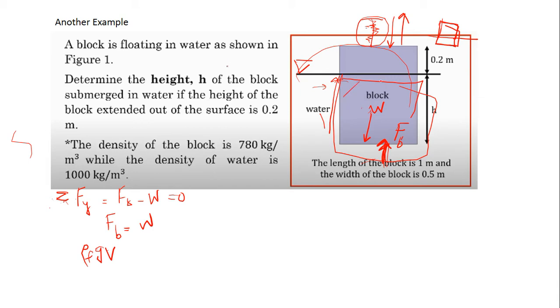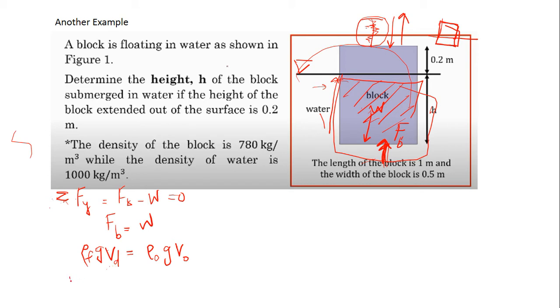We call it the displacement volume, VD, and it equals the weight of the object. So you have rho of the object, g constant, and V of the object. Now they ask you to find H. You can translate this V in terms of H.